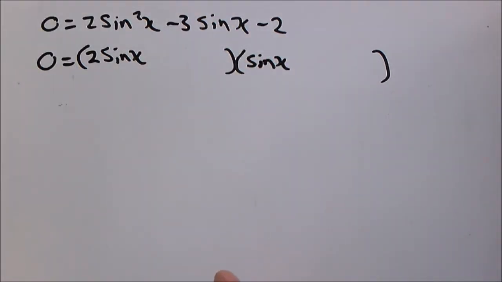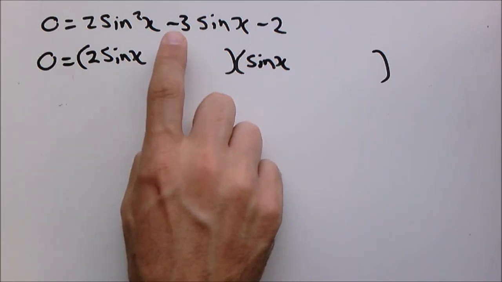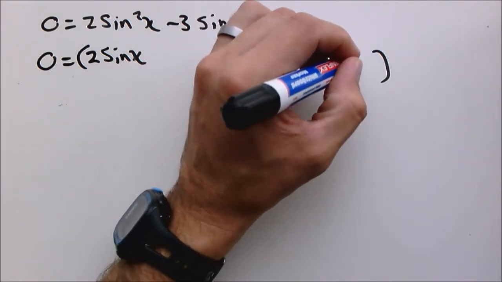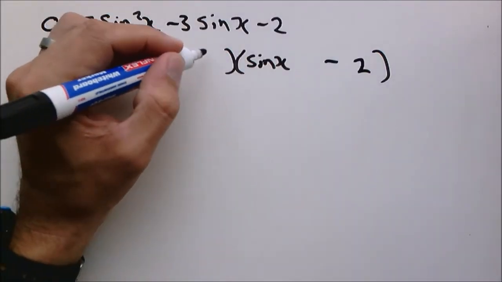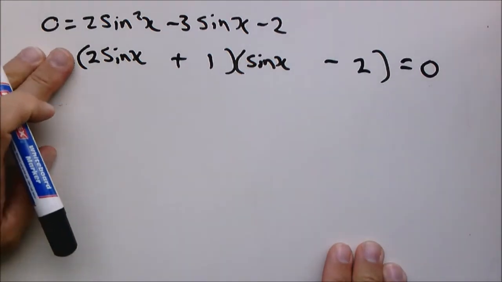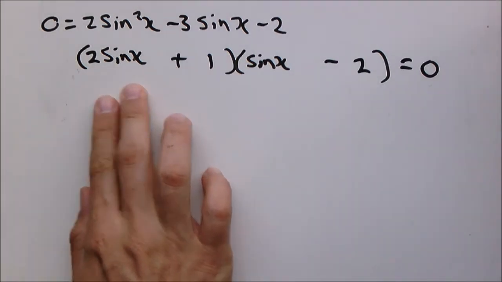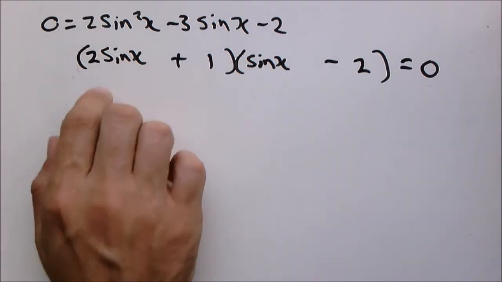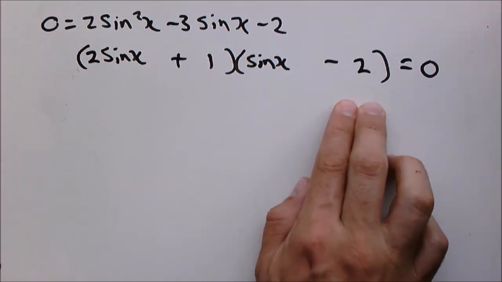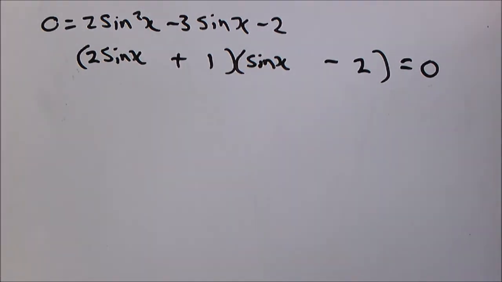We've got a negative term as a middle term, that's a 3, so that would suggest that this is a negative 2 and that's a plus 1 equals 0. Okay, let's test it. 2 sine x times sine x is 2 sine squared x minus 2 sine x plus sine x is minus 3 sine x minus 2. So that sorts it out.